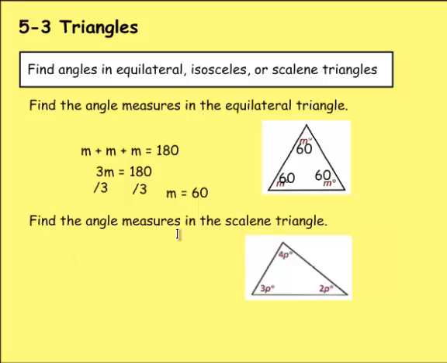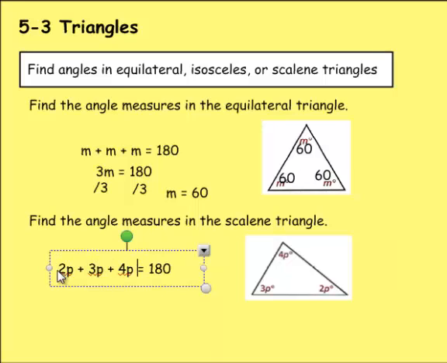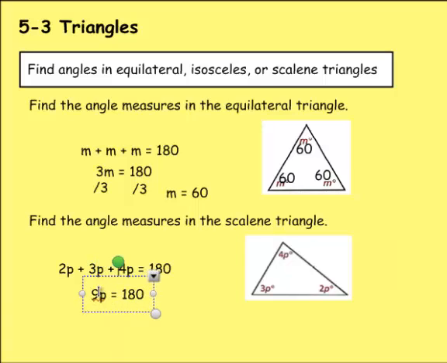Now it says find the angle measures in the scalene triangle. It gives us 3p degrees, 4p degrees, and 2p degrees for our angles. It doesn't give us any numbers really besides the coefficients, but we do know it equals 180 degrees. So let's find out what that could be. It would be 2p plus 3p plus 4p equals 180 degrees. I know 2 plus 3 is 5, so 5p plus 4p is 9p equals 180.